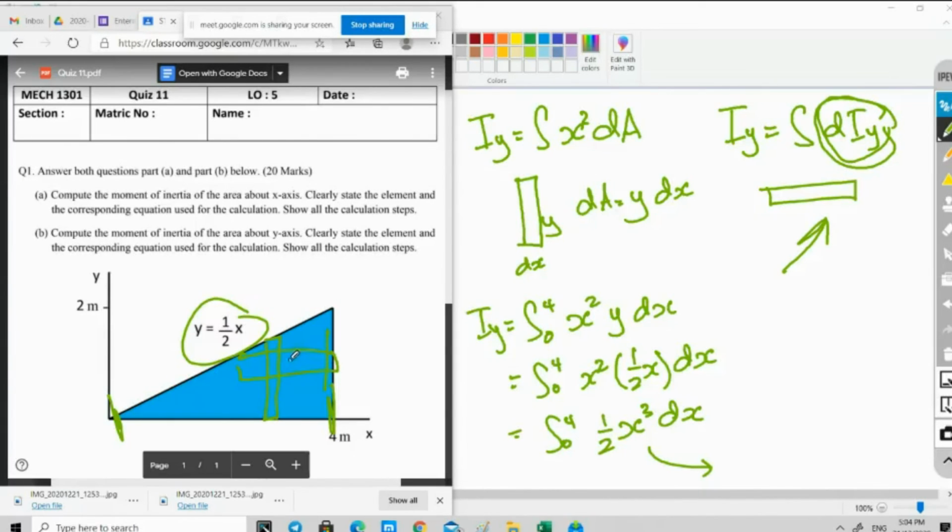So I do not expect anyone to go through all this trouble, especially in the exam. So we just avoid this. Just use this easy calculation to get the moment about the y-axis straight away. All right, so that is the explanation of the basic steps to compute for the previous quiz.